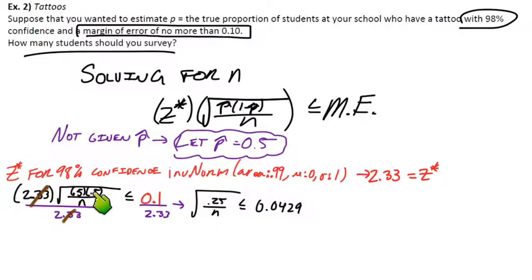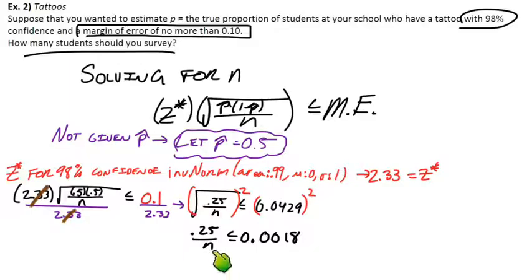Well, keep in mind, 0.5 times 0.5. We can simplify that on top. That's just 0.25. Now we just have the square root in our way, so let's square both sides. Once we do that, 0.25 over n is less than or equal to 0.0018.